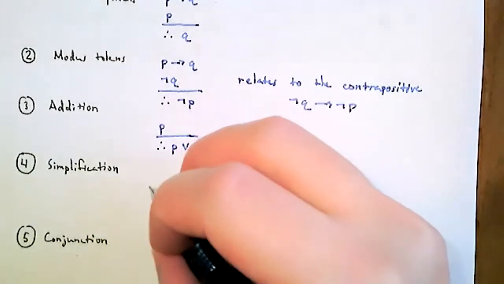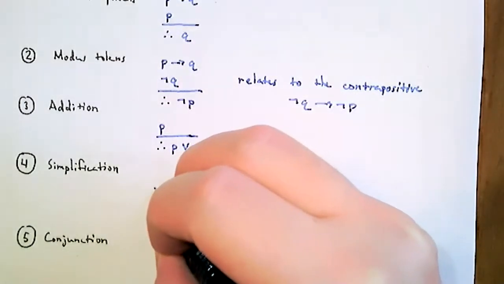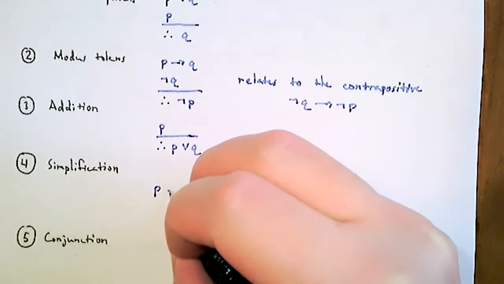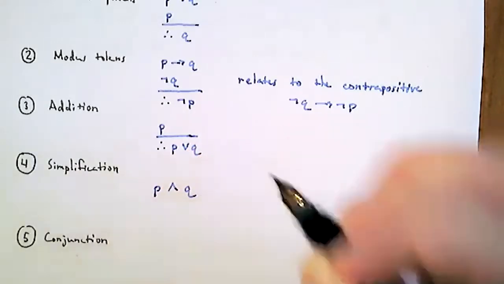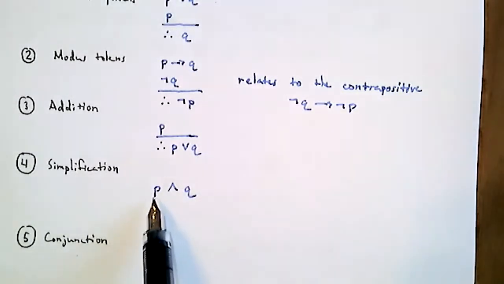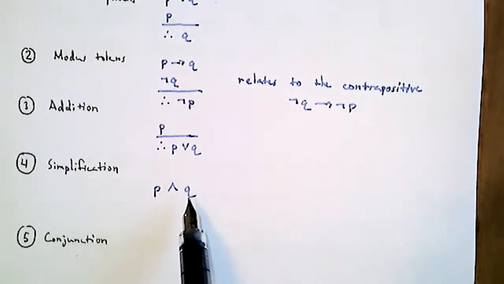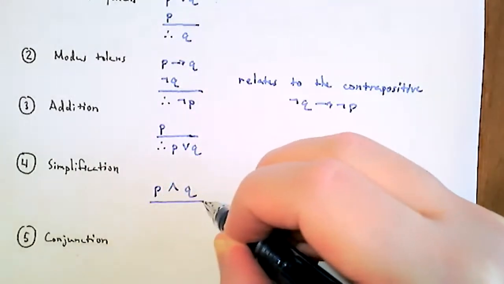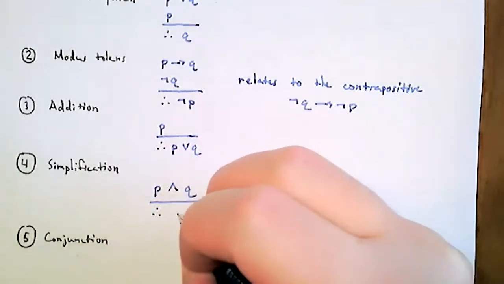You can also subtract things off of and statements. So if I know that both P and Q are true, well, I know that P is true and Q is true. I kind of just reset the same thing. So I can drop one of them.